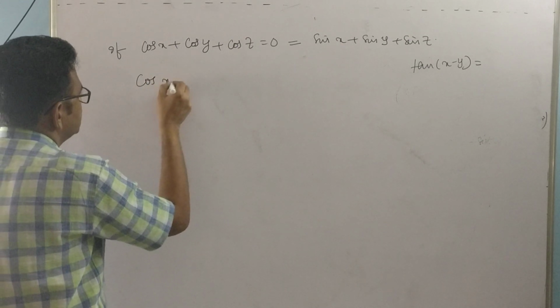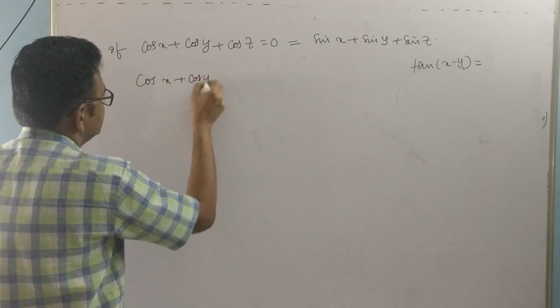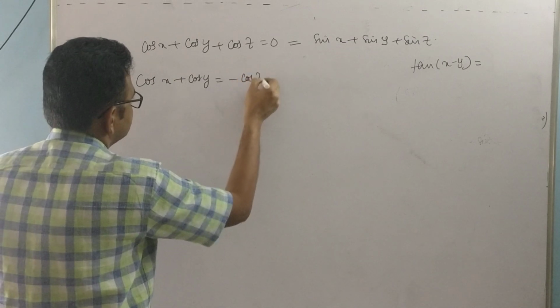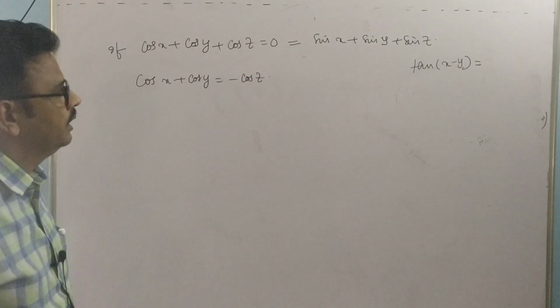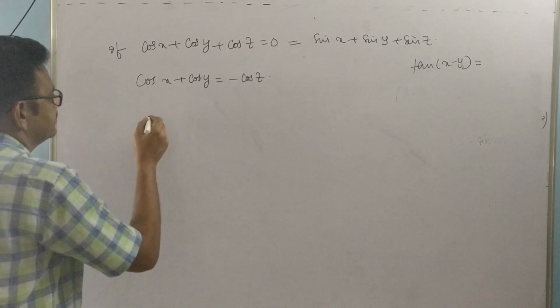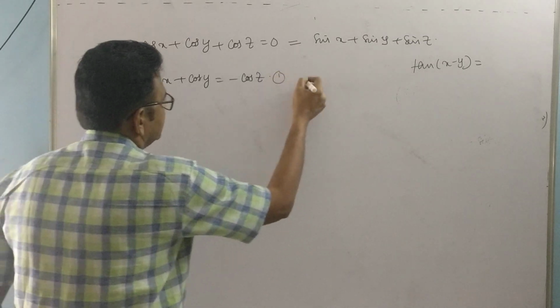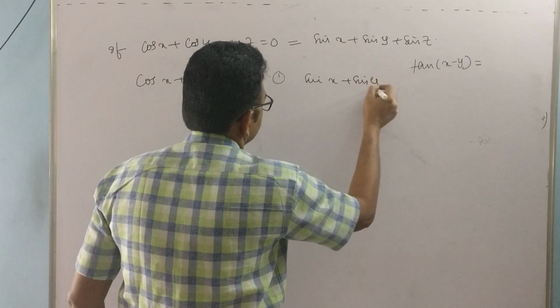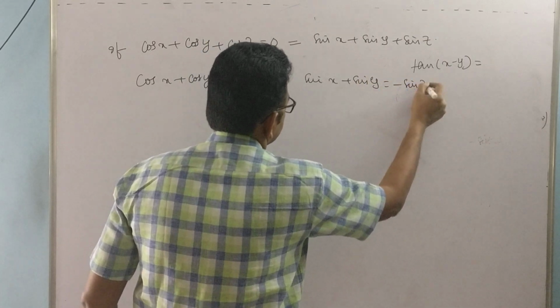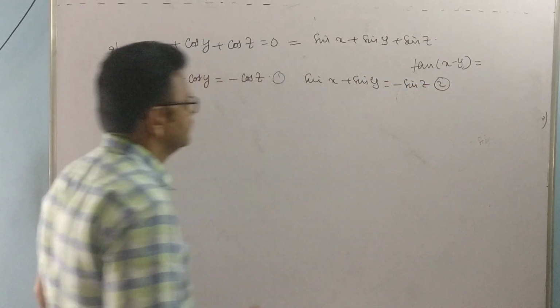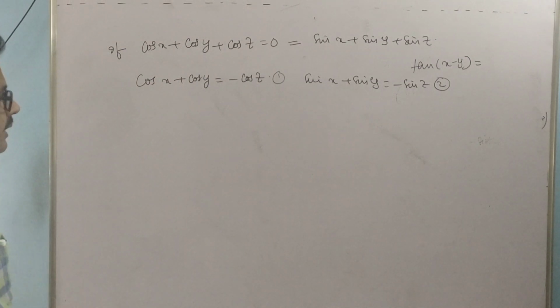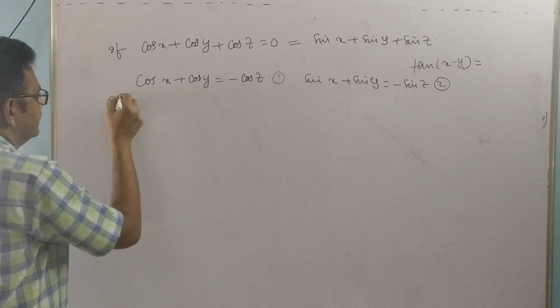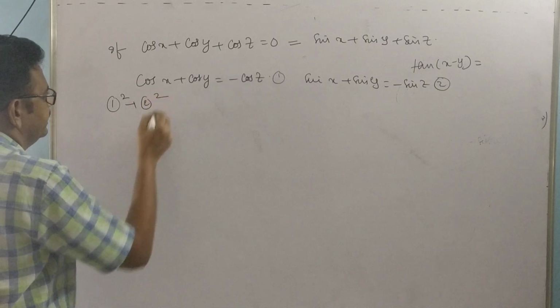So this is cos x plus cos y is equal to minus cos z, and sin x plus sin y is equal to minus sin z. So this is the second one. Now squaring 1 and 2 and adding.